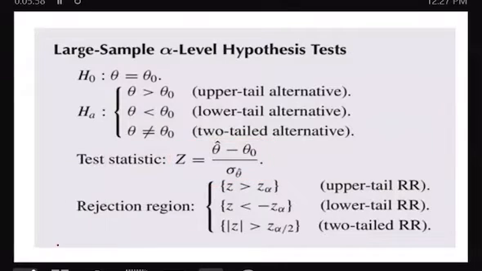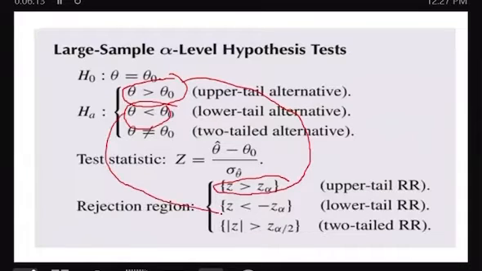If you take a look at this, the rejection region depends on the alternative. If the alternative is greater than, the rejection region is going to be Z greater. If the alternative is less than, the rejection region is going to be that. If the alternative is not equal, the rejection region is going to be that.